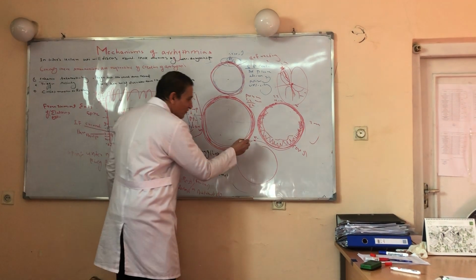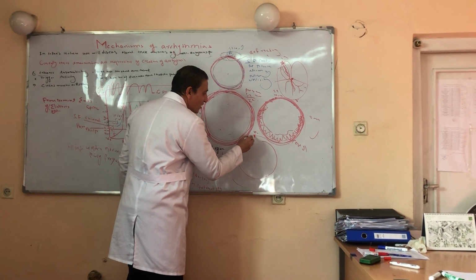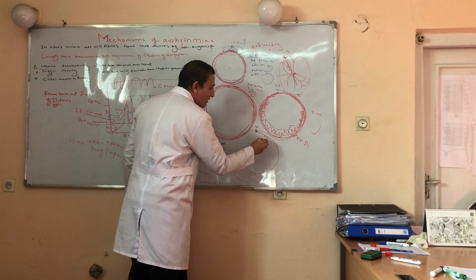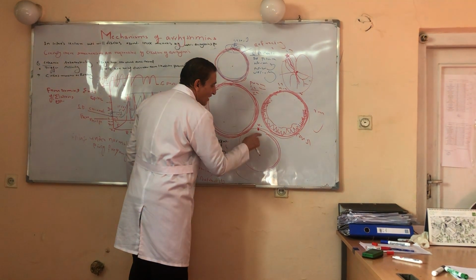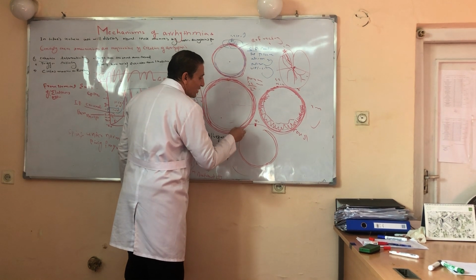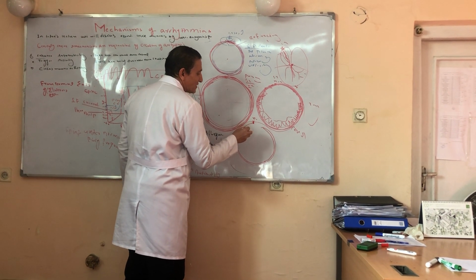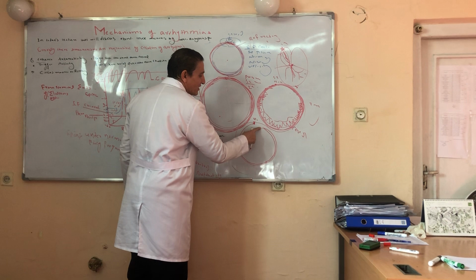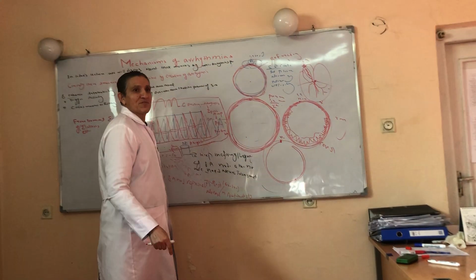For example, here we want to stimulate this area. When you stimulate it, this electrical impulse comes here, and this is the short refractory period. When it comes here, the originally stimulated area is out of the refractory period.